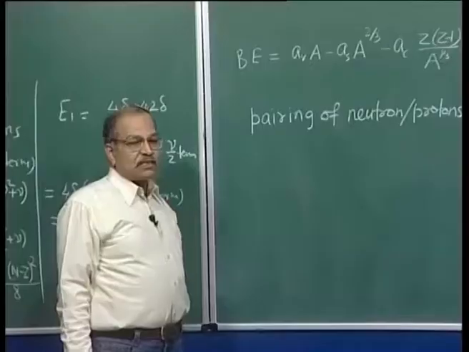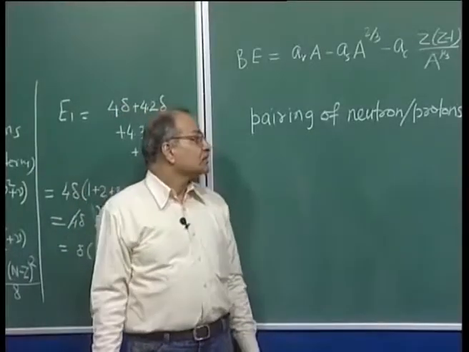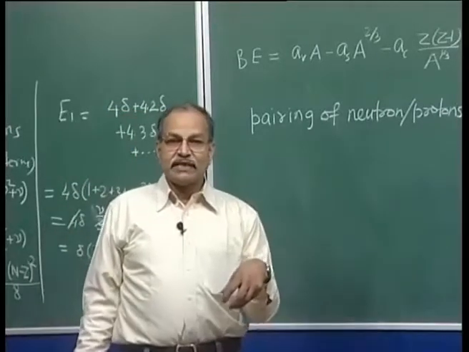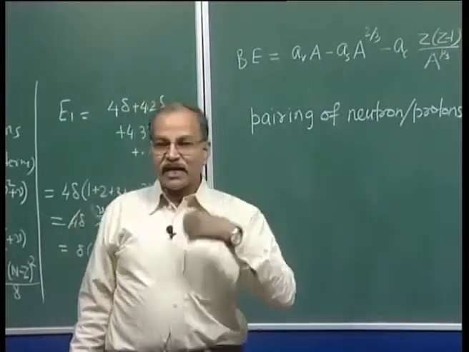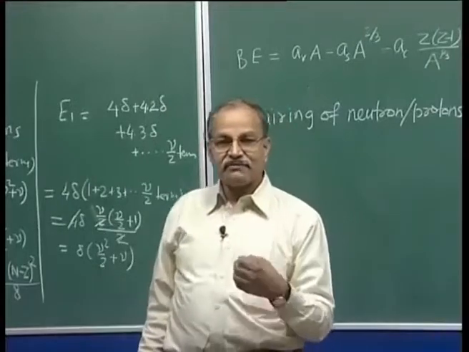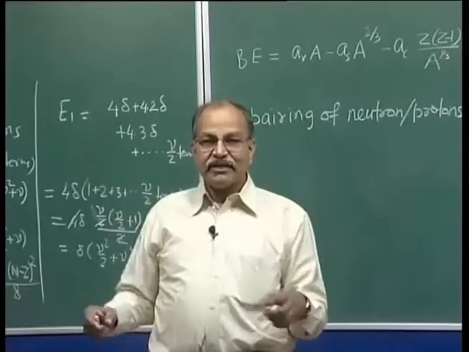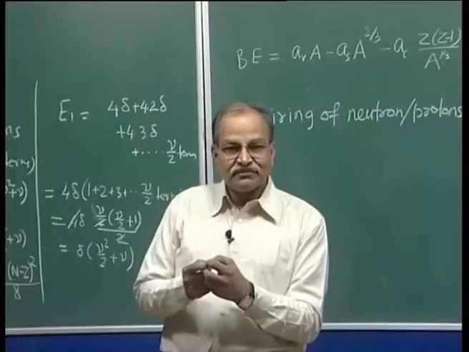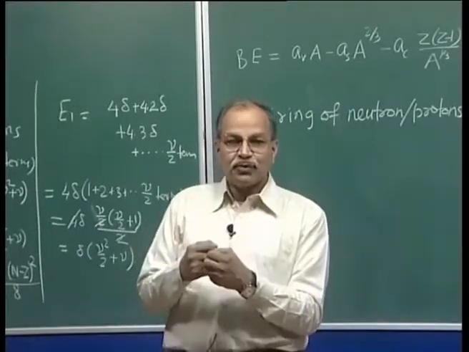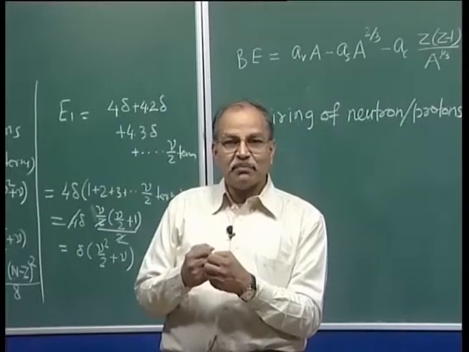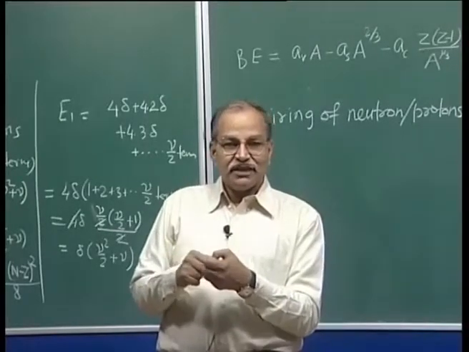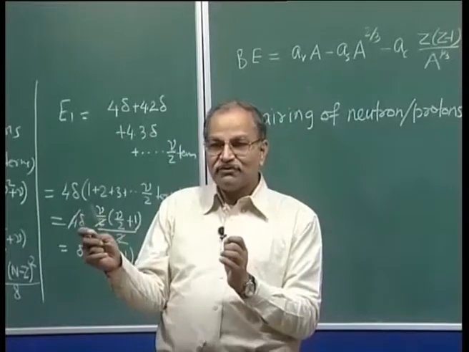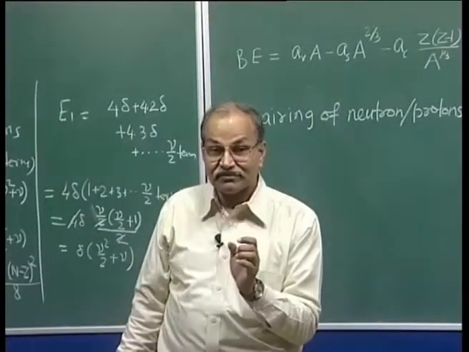Pairing of neutrons and pairing of protons. What is that pairing business? Once again, quantum mechanically the nucleons have their own wave functions, and when they couple, if two protons with opposite angular momenta combine to zero total angular momentum, we say that they are paired.